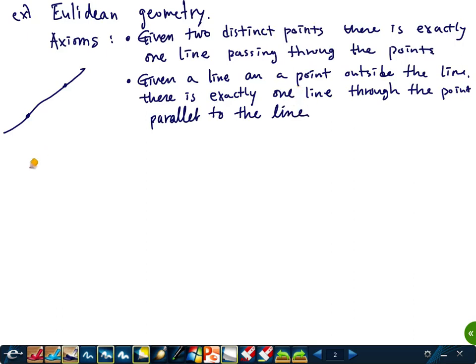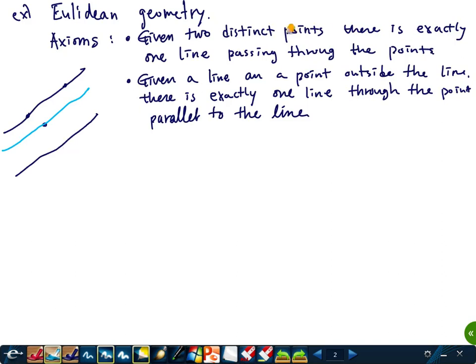What does that mean? So we have one line like that and a point outside of this line. Then we must have exactly one line through this point and parallel to this line. Okay, yeah, these are the axioms.